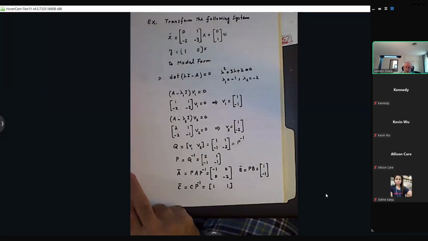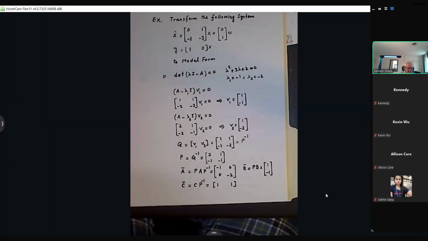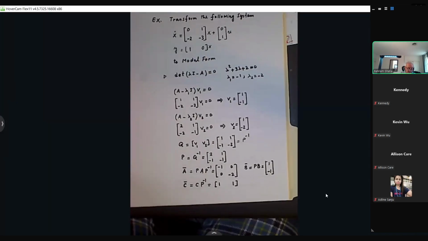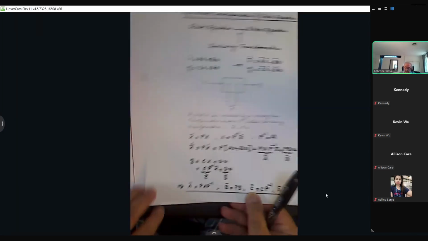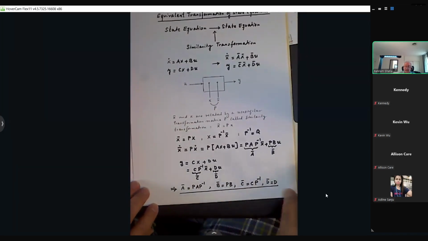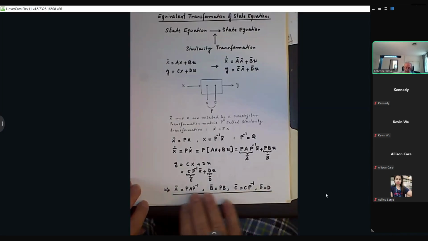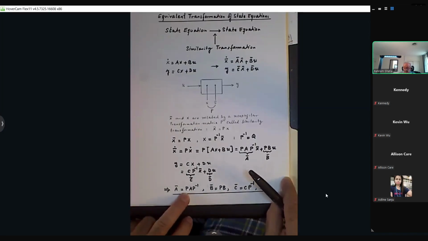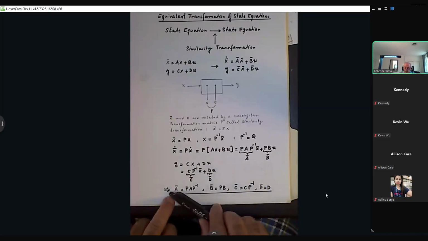Here I have to emphasize that this transformation matrix P that you see in this equation is a general relationship that establishes the general relationship between A and A bar without specifying the P. Now, there are certain P that transfer a system to, let's say, controllable canonical form.